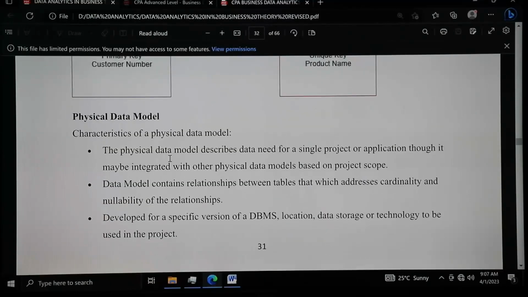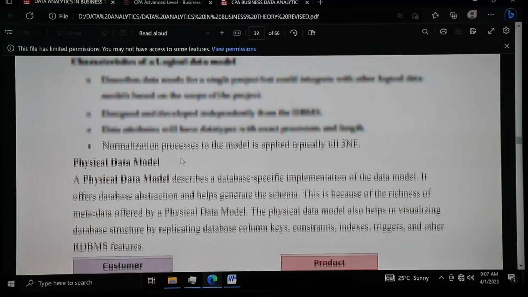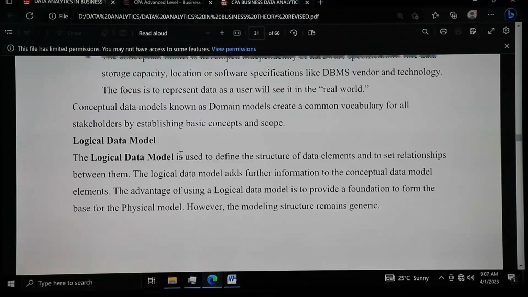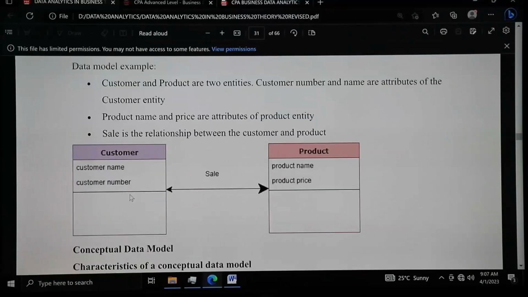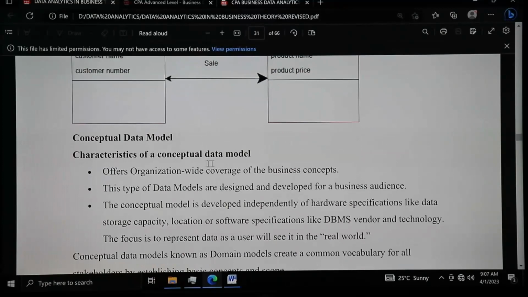Then the advantage here is that when you're looking at each of these, we start with the conceptual model. In this book, I have highlighted some of its characteristics. It offers organization-wide coverage of business concepts. These types of data models are designed and developed for a business audience.